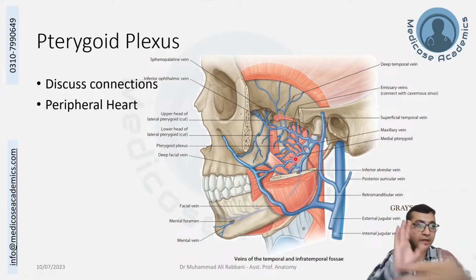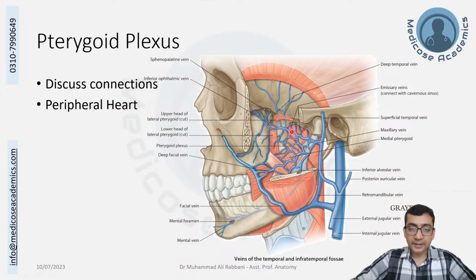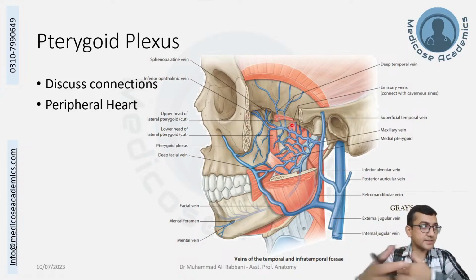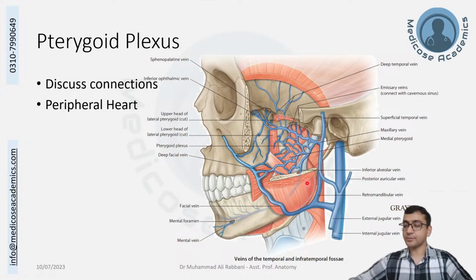When it contracts, it shortens its length, its belly swells up, and then this pterygoid plexus is pushed and released, so it acts as a peripheral pump, just like you talked about peripheral pump in the lower limbs when talking about the veins around the soleus. So it's a peripheral pump.